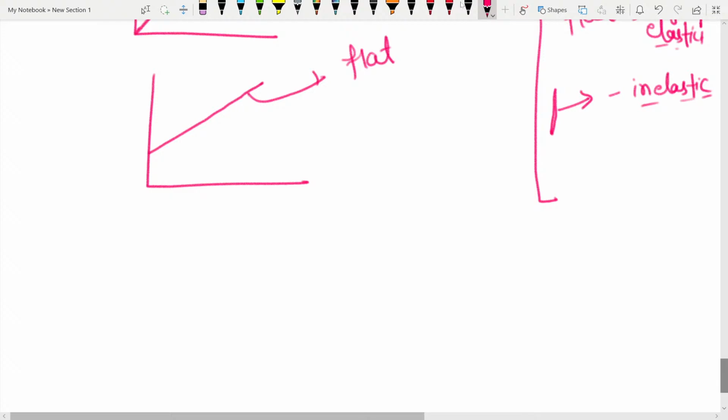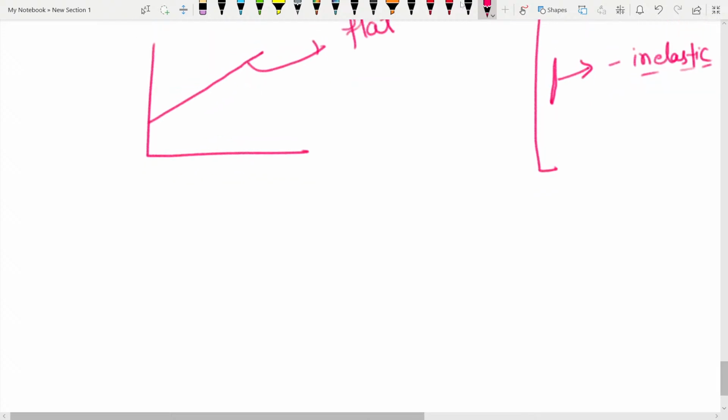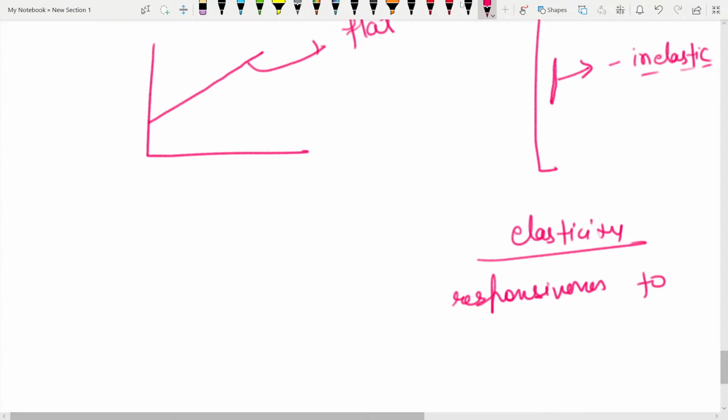In a single sentence, elasticity is nothing but the responsiveness of quantity demanded or supplied due to change in price.